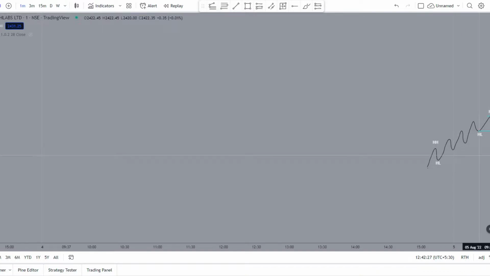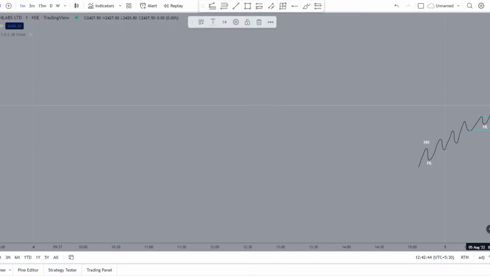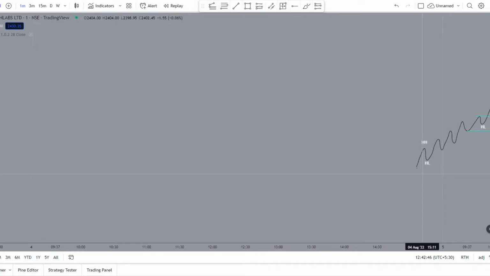We expect the same thing: that a higher low should be created because of some correction, some profit booking or some new shorts, and the market should still proceed higher, like this. What do we expect next? Another high.